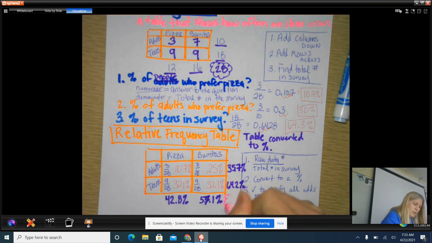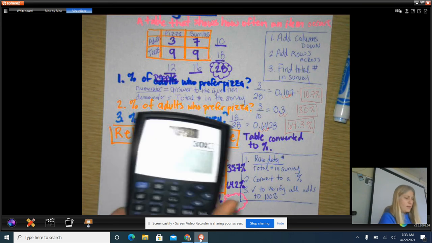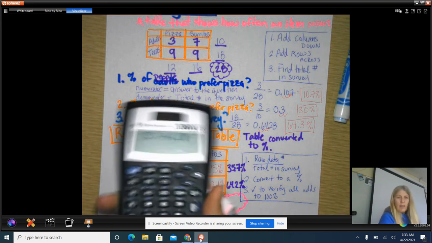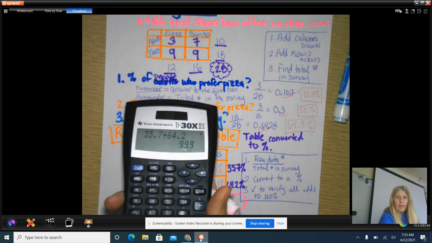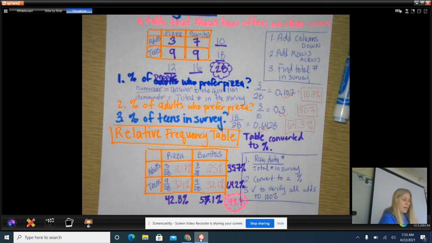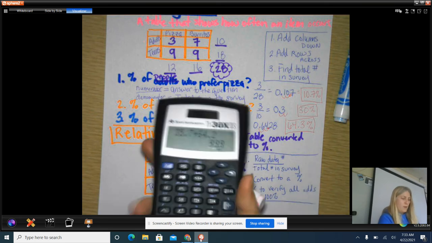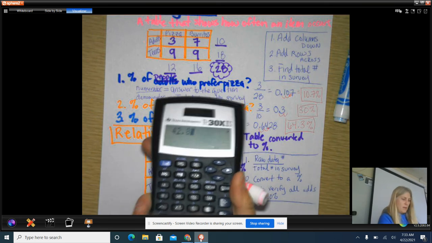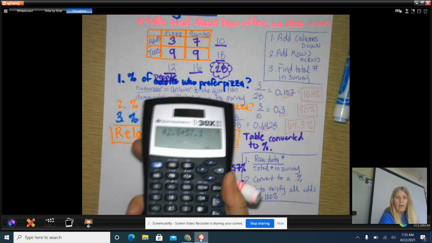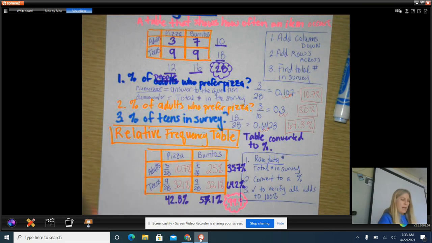Now you'll notice something interesting is happening here. When I add 35.7 plus 64.2, I don't get 100%. I get 99.9. And going my other direction, 42.8 plus 57.1, I also get 99.9.